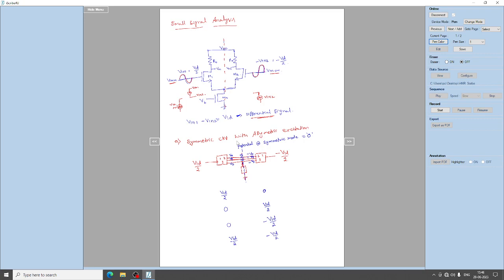So if I analyze the same circuit with respect to the first point, where I considered the symmetric circuit with asymmetric excitation, the potential at symmetric node will be equal to 0. That means the potential at this point will be equal to 0, right?